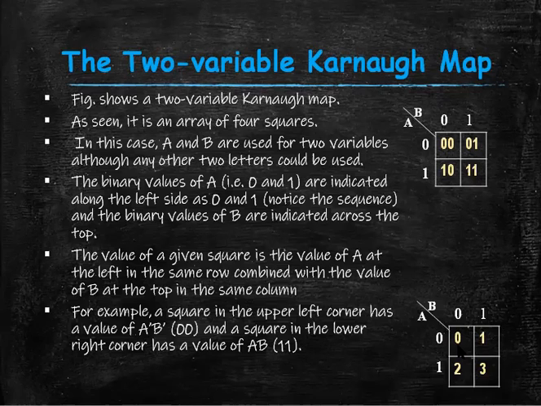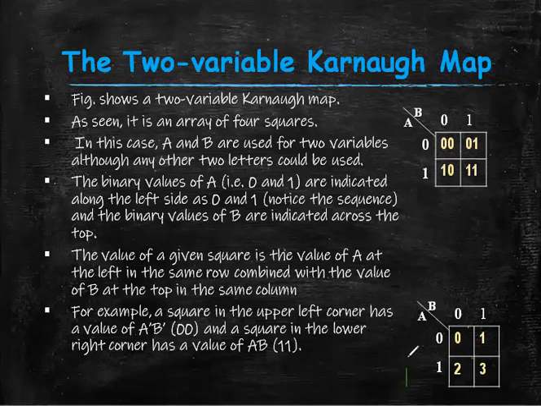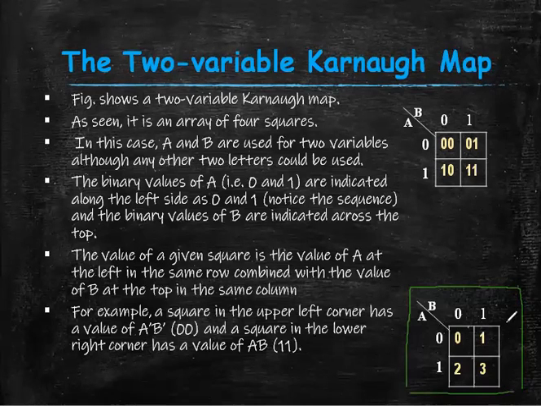Here 0 0 is 0, 0 1 is 1, and 1 0, in binary, represents 2 in decimal, and 1 1 represents 3 in decimal. We have to remember this position. Then we can obtain a 2 variable Karnaugh map easily.